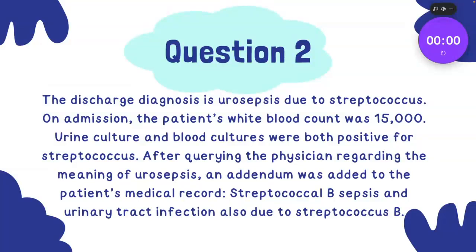So, a couple of things here. Number one, the term urosepsis is a non-specific term in ICD-10-CM per guidelines, and we should query when that is notated, and that was reflected in the scenario.